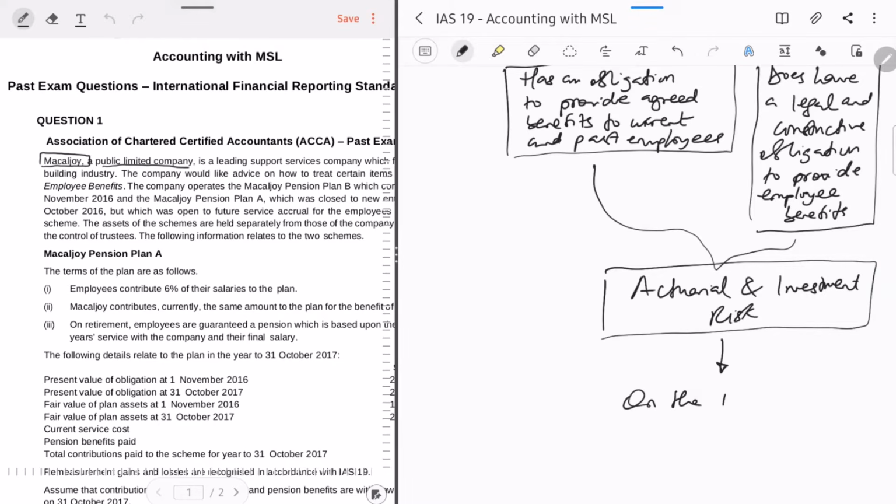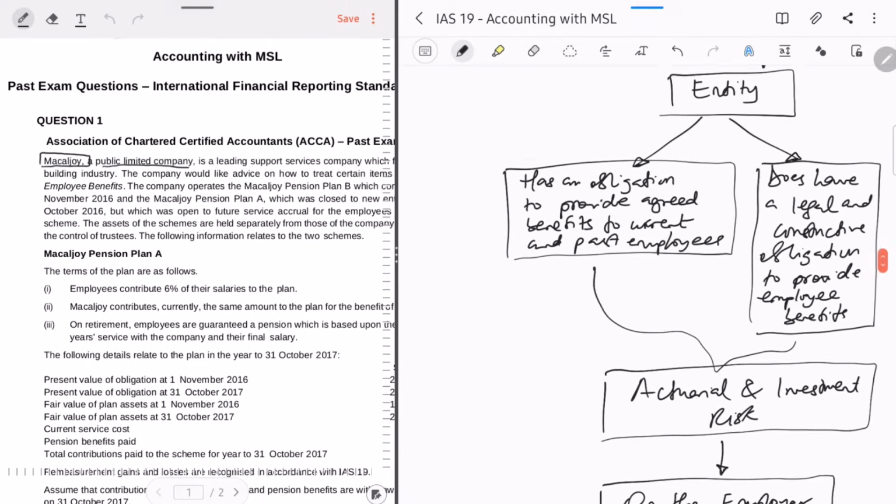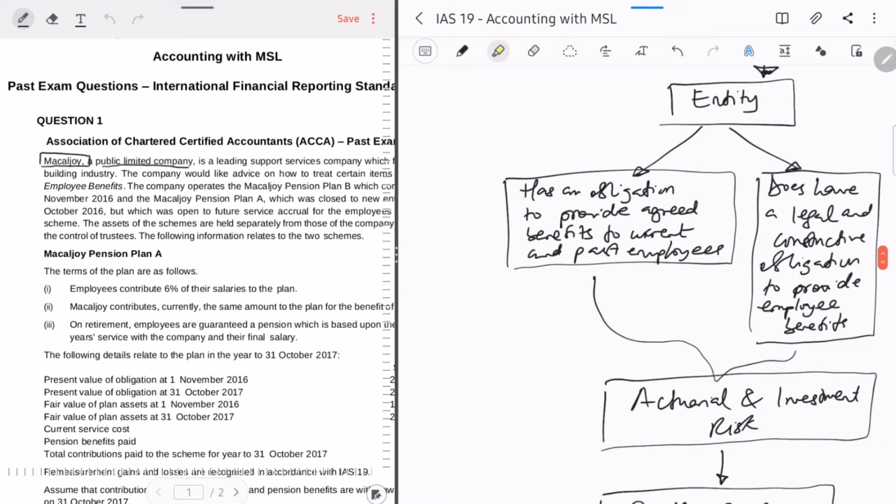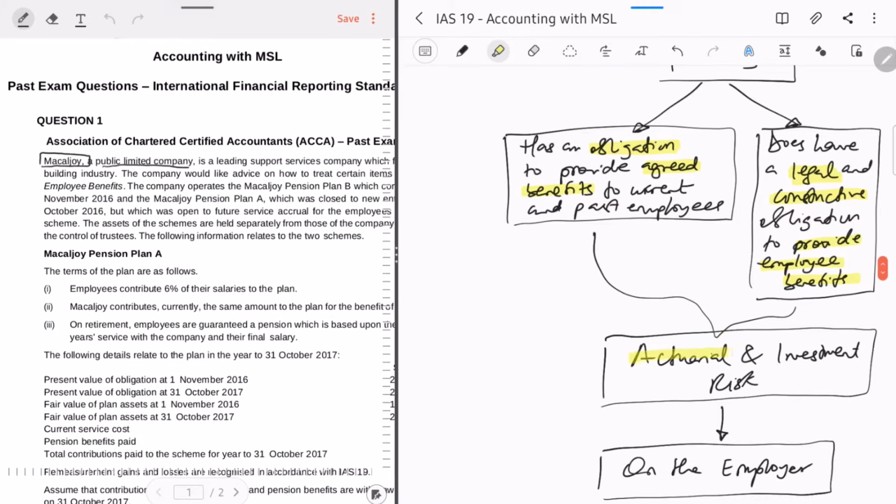On the employer. Why? Because they have an obligation. They are obliged to provide you with agreed benefits. They actually have a legal obligation. They have a constructive obligation to provide employee benefits upon retirement. So the actuarial risk and the investment risk is placed on the employer.